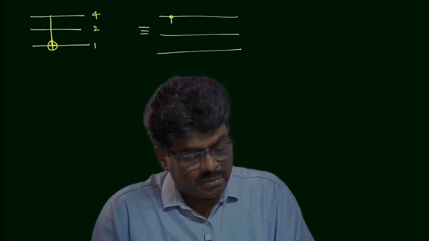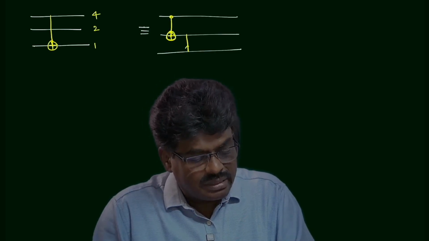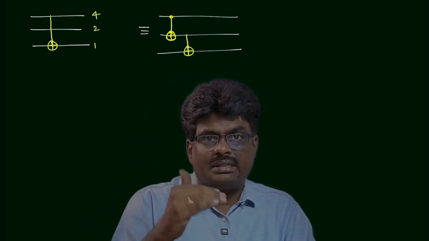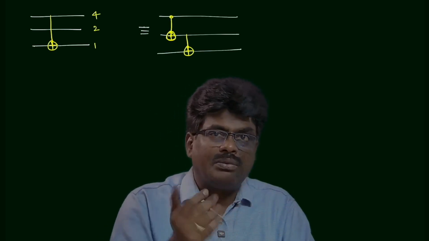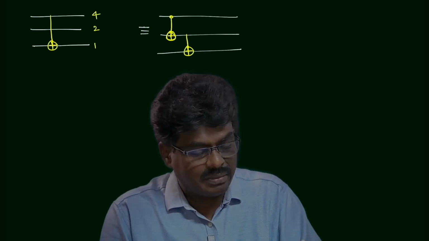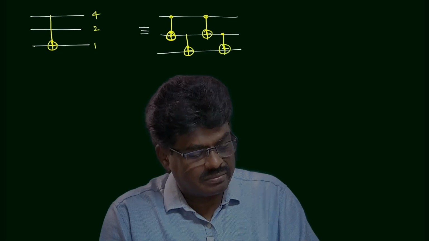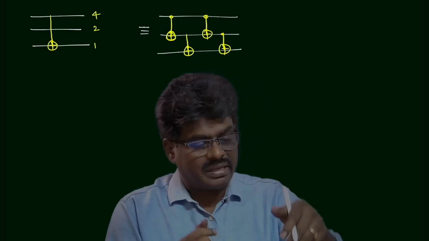Take only one step, 4 to 2, and again 2 to 1. Just to break it. Okay, you came from 4 to 1. Just take it as a step. 4 to 2, 2 to 1. Repeat that again one more time. That means 4 to 2, 2 to 1. And you can take a reverse one. Reverse one means just take a mirror image.